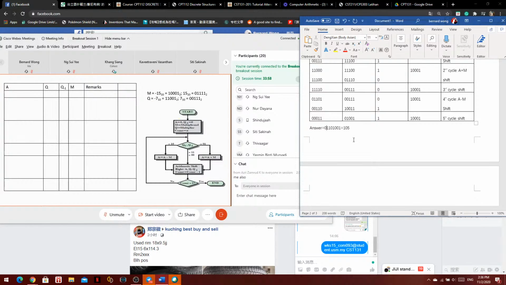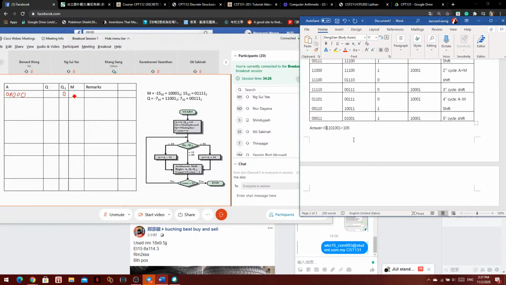First, you need to put 0 into A. Because we are using 5 bits only, you put 0, 1, 2, 3, 4, 5, 5 bits. And then Q -1 equals 0. And then put your multiplicand into M. So your M is here.